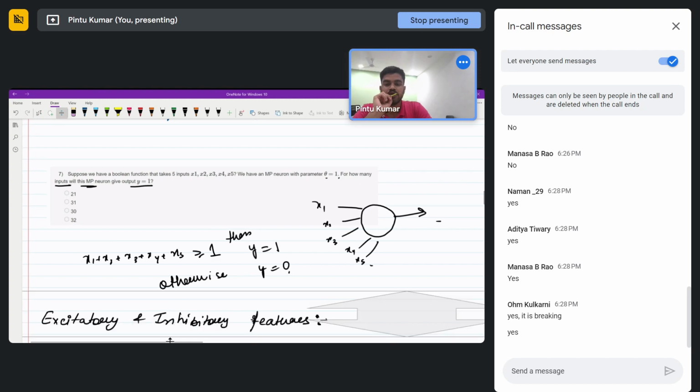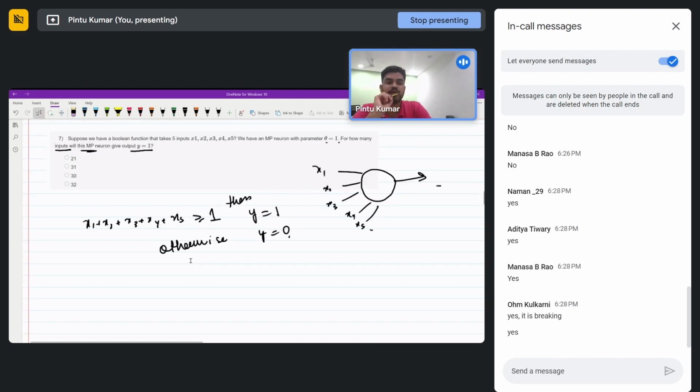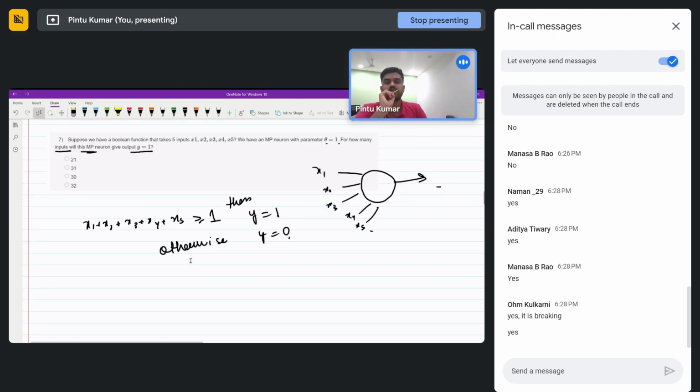You can try for 1 minute, then I'll give the answer. If one of you knows, you can type it in the chat box, then I'll solve this question. If we have an MP neuron of this setup, how many inputs will give output y equal to 1?